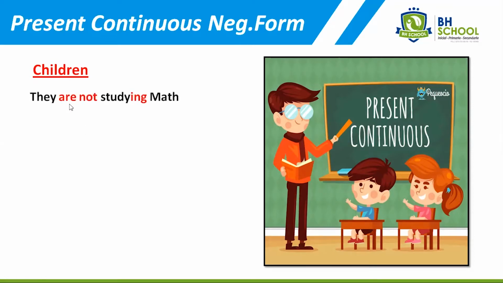The children are not studying math. It's true, right? In our sentences in negative form, we are going to use our verb be in negative form. What are we going to do here? We add not. This is the only difference.